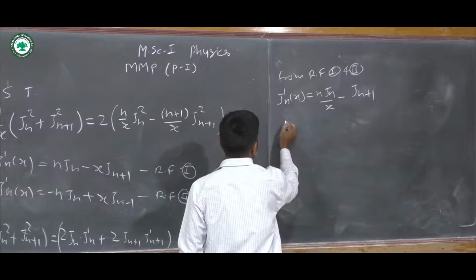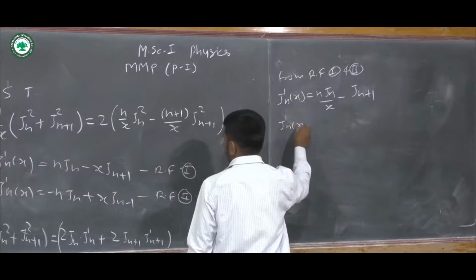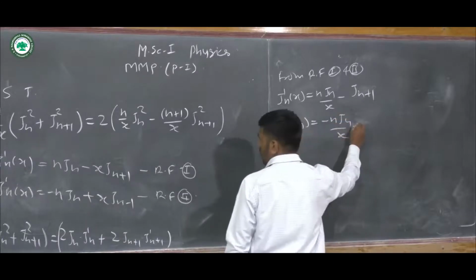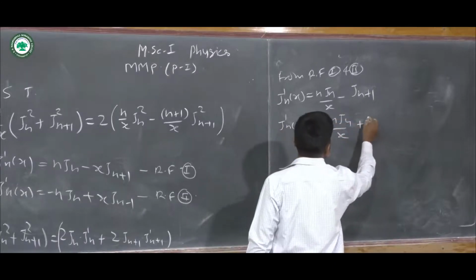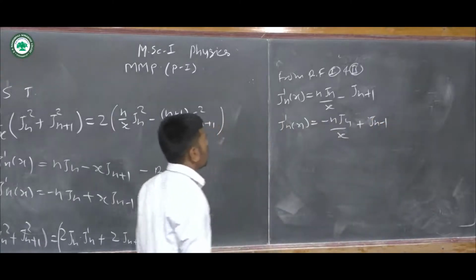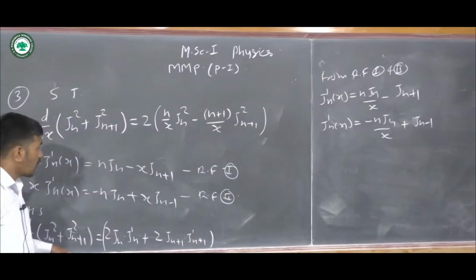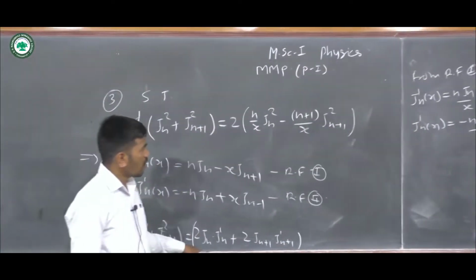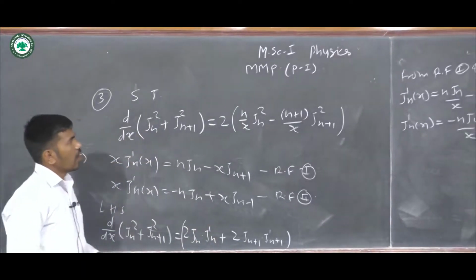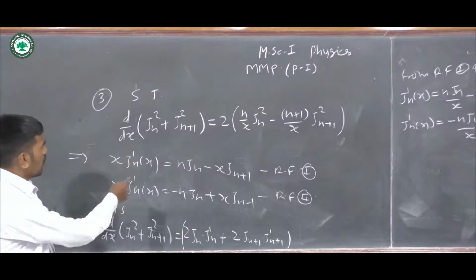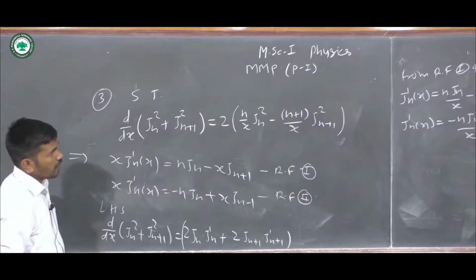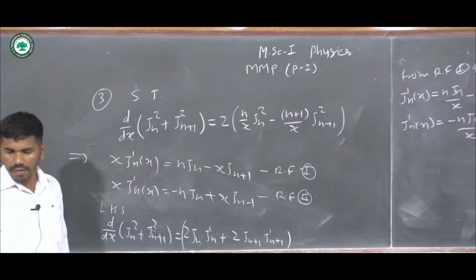And from the second one, J prime n of x is equal to minus n Jn by x plus J n minus 1. This is the expression for J prime n of x. I replace these in the expression and try to solve.